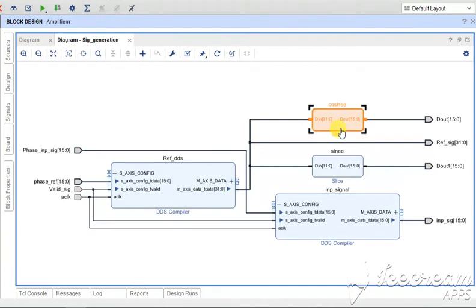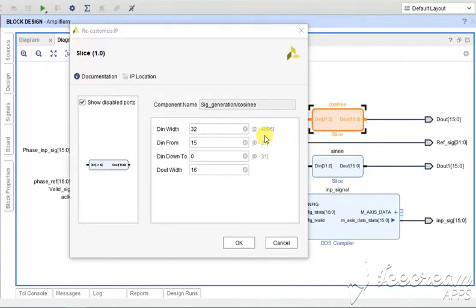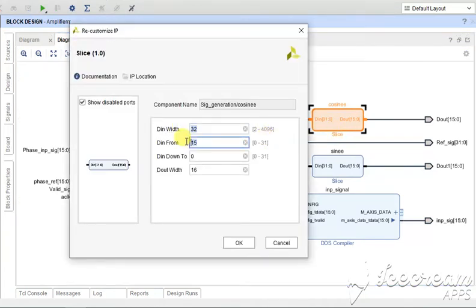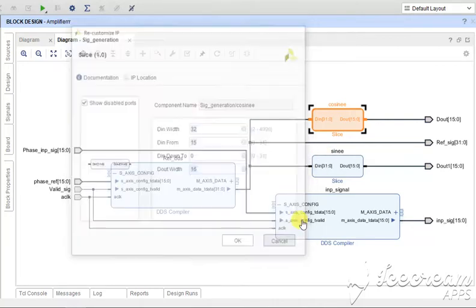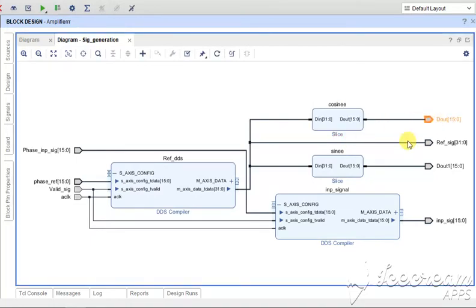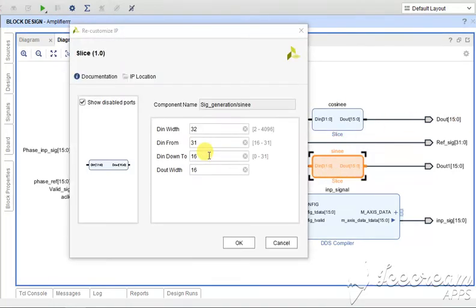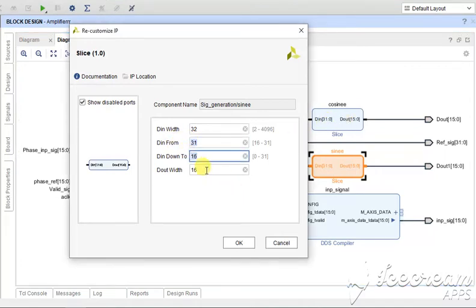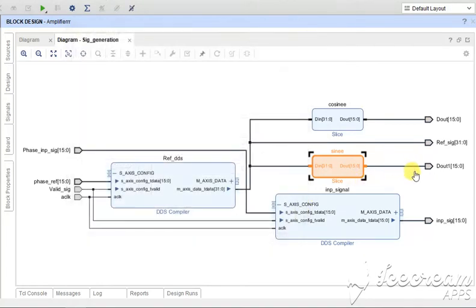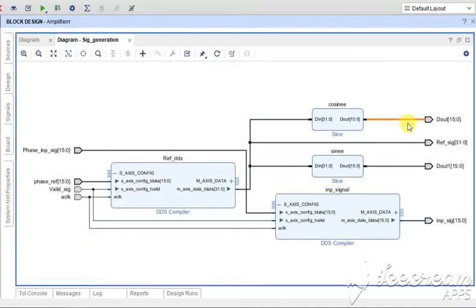So we add a split block here and we can see that from 31 down to 16 there are the higher-most bits, the MSBs, sorry, those were the LSBs and these are the MSBs, 31 down to 16, that are 16 bits. So these signals will generate a sine and cosine wave that is known as the reference signal.